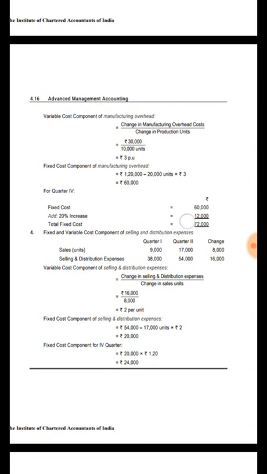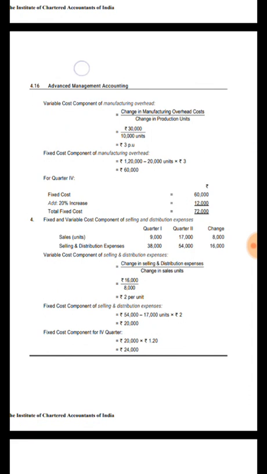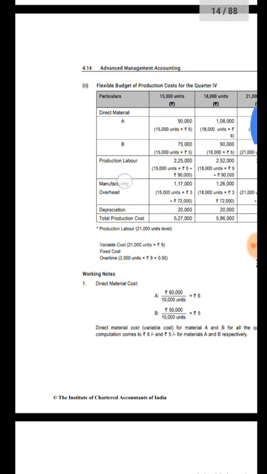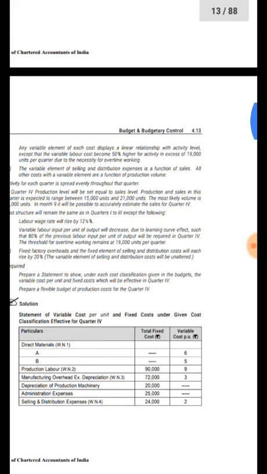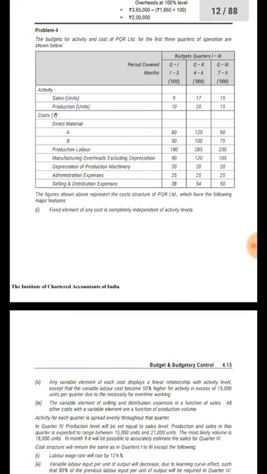Now the last one is selling and distribution overhead. We could take 38 and 54, but this is a function of sales, so we have to take 9,000 and 17,000.